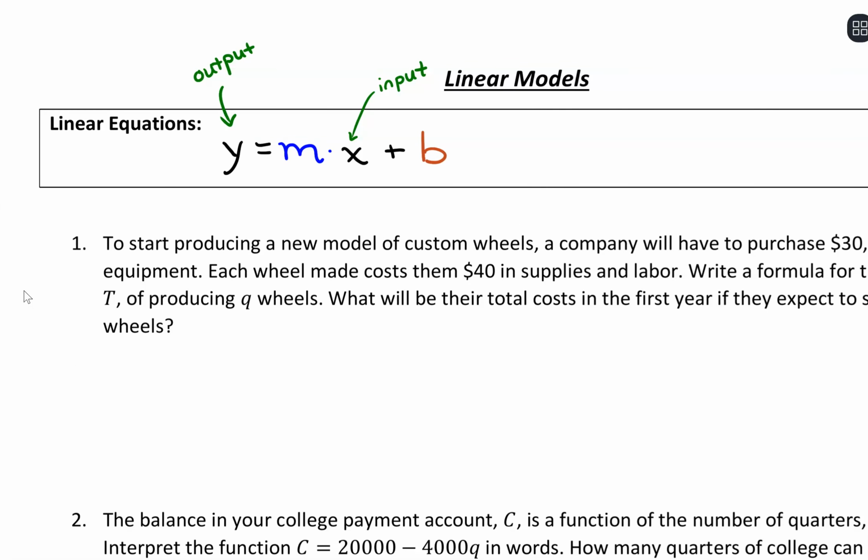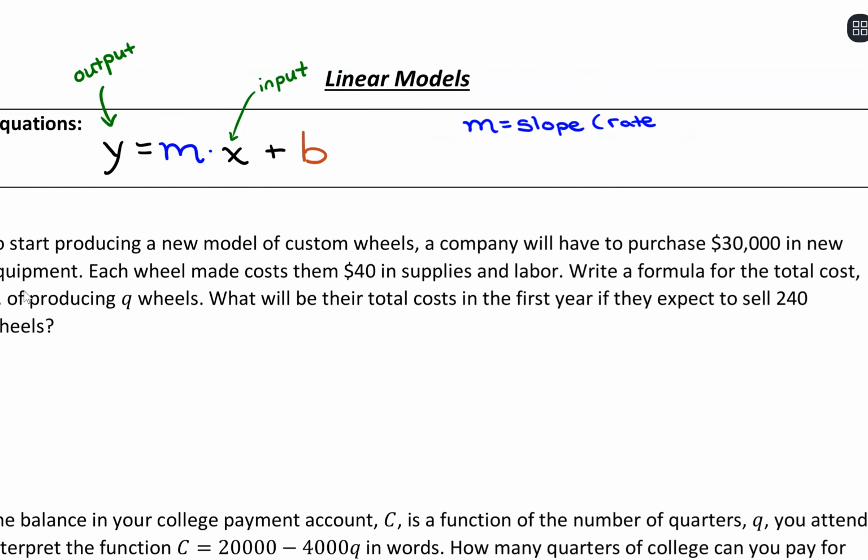Now let's talk about M and B. In terms of a linear equation, M represents the slope, or it can be thought of as the rate of change. Some examples for M, especially in word problems, is going to be a rate, like miles per hour, that's a rate at which our car travels.